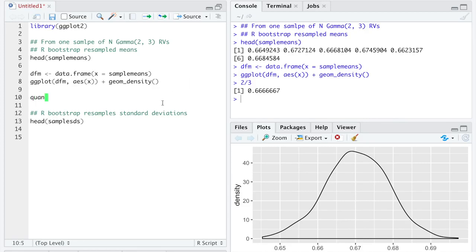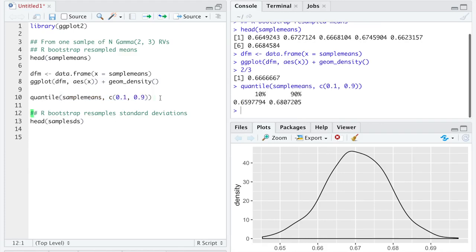And in fact, we can use percentiles, called quantiles in R, to calculate. Let's start with 0.1 and 0.9. So if we calculate the 10th and 90th percentiles from our vector of sample means, what we're actually doing is putting 80% of the observations in between the 10th and 90th quantiles or percentiles.